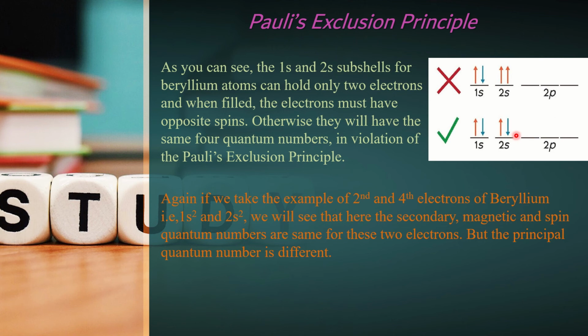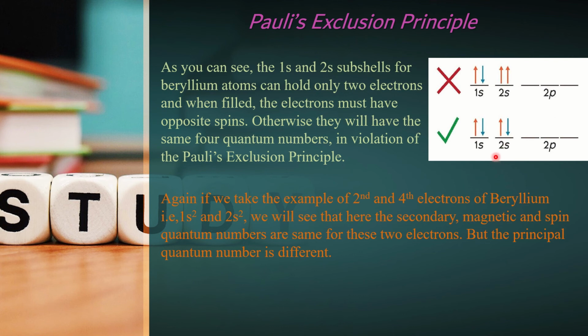For 1s and 2s, their magnetic quantum number and secondary quantum number are also the same, but their principal quantum number is different. For 1s, the principal quantum number is 1, and for 2s, it is 2. So the principal quantum number is different here.